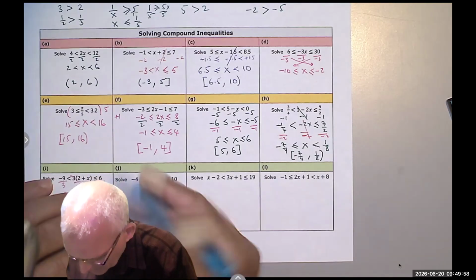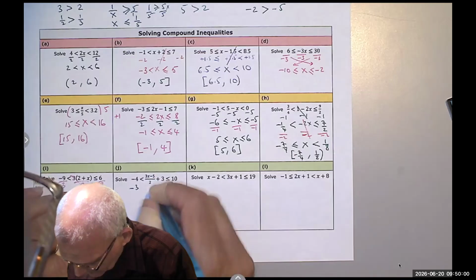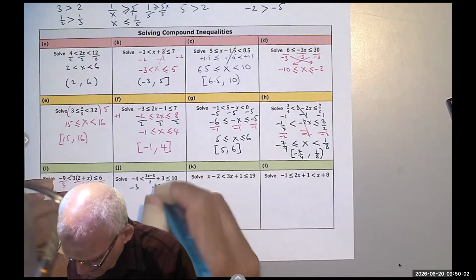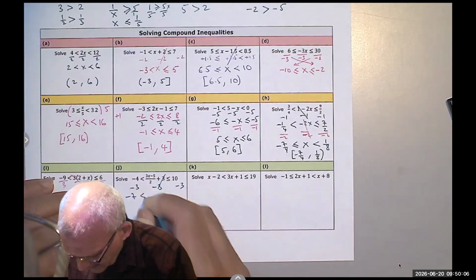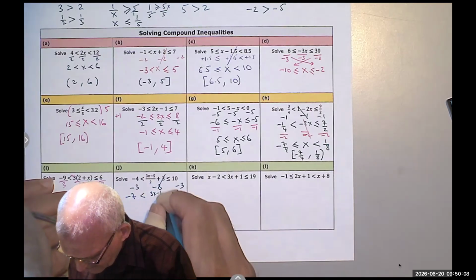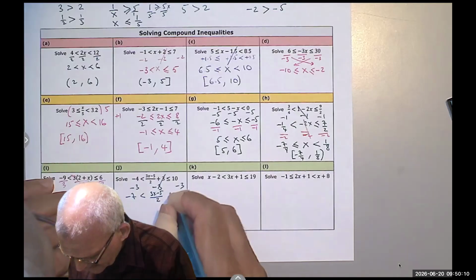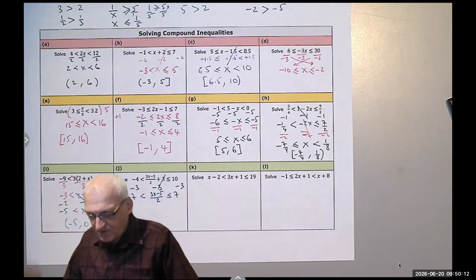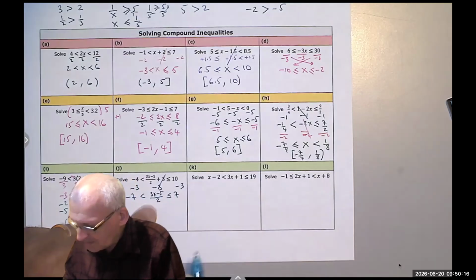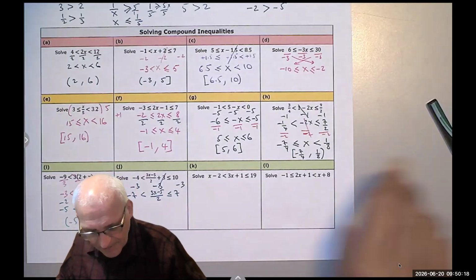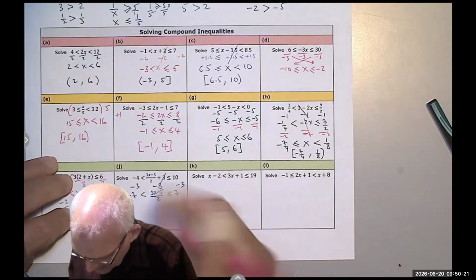So here I have to subtract 3 first from all 3 sides. So that becomes -7 less than or equal to (3x minus 5) over 2 is less than or equal to 7 when you subtract 3. I have 2 in the denominator, so I have to multiply all 3 sides by 2.